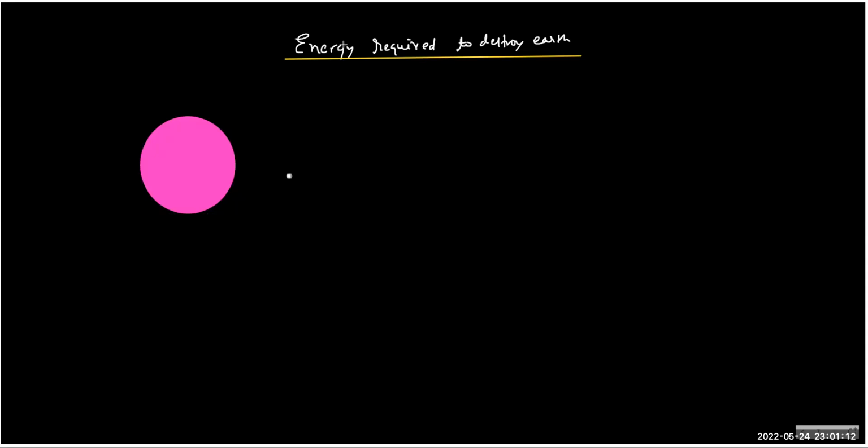Okay, so the whole idea is, if Earth is there and the mass of Earth is M, we know there is something called self energy, the energy which is required to create the Earth.